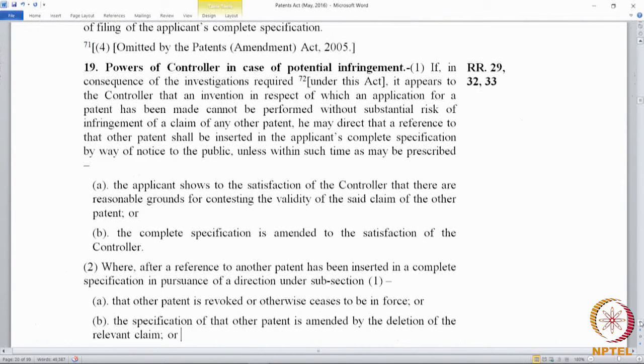Can you think of one instance where the applicant can say, I am not going to show you that validity of the earlier patent can be contested, nor am I going to amend the specification. If you want to carry a reference, carry that reference. This will happen when both the applications are held by the same person. If the earlier application that was granted belongs to the same company, the company will not have a problem with the reference because they are both belonging to the same entity.